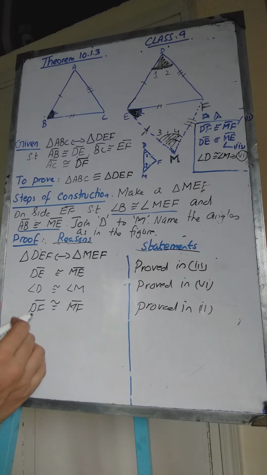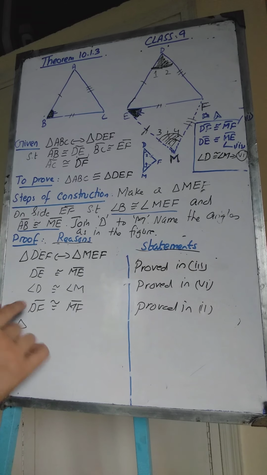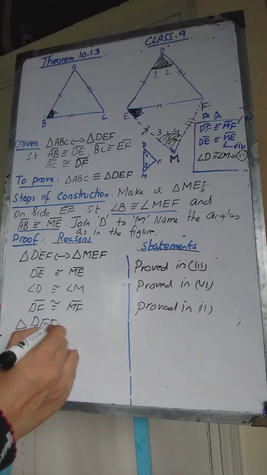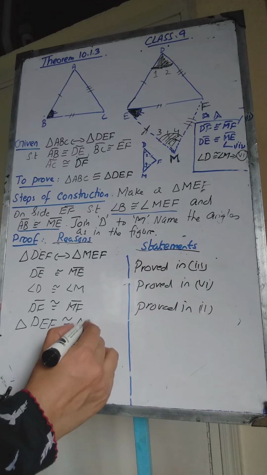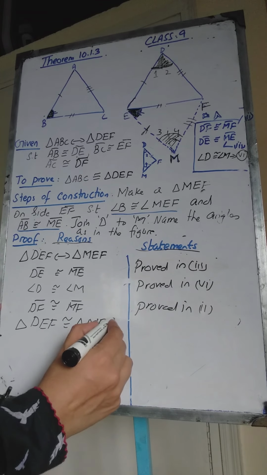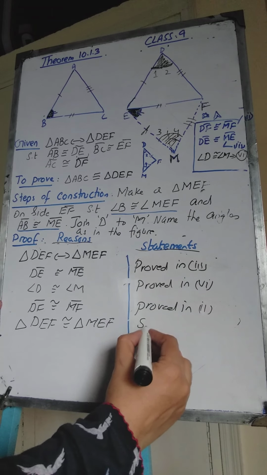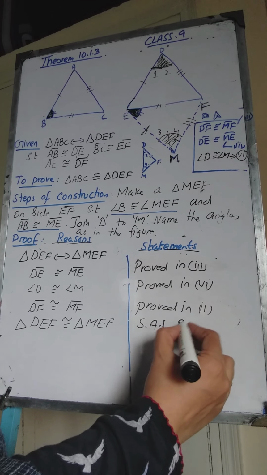So this is what the SAS postulate says. According to SAS postulate, triangle DEF is congruent to triangle MEF. Okay. This is because of SAS postulate.